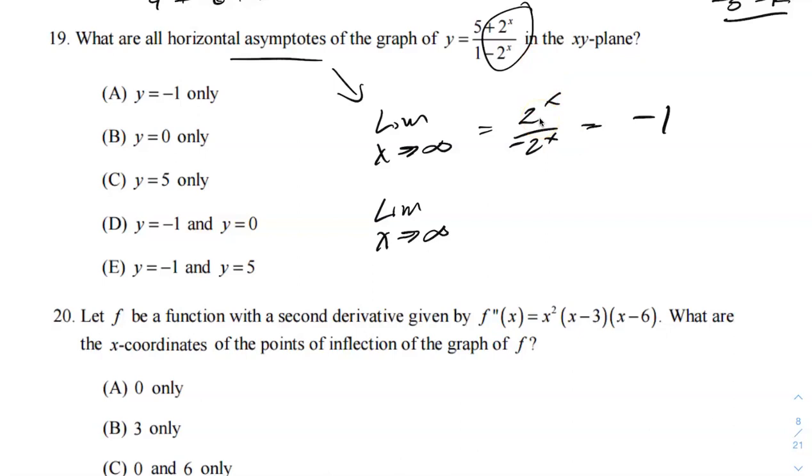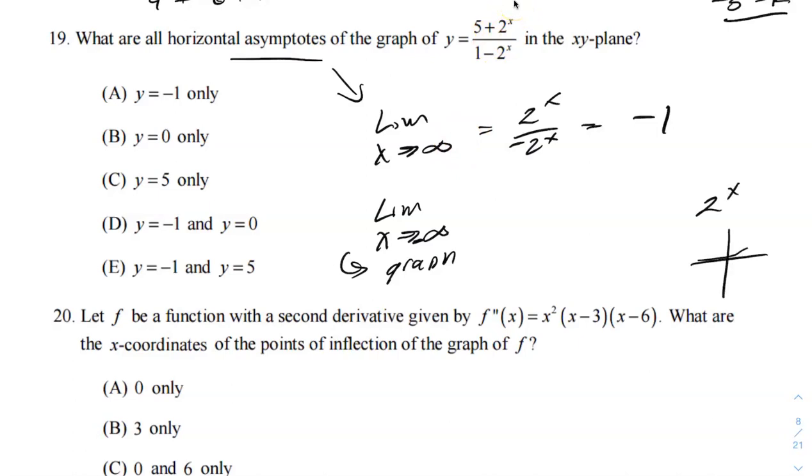But how about if I plug in negative infinity? For negative infinity, the rule doesn't work anymore. Anytime you have a limit as x goes to negative infinity, it's easier to think about the graph. You can't use the shortcuts that we use for positive infinity. So how does 2 to the x look on the graph? It's an exponential graph.